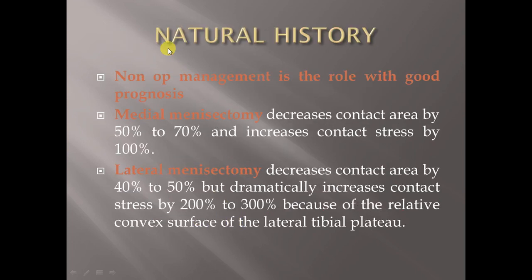Natural history: all meniscal injuries, especially if isolated, you have to give them non-operative management, a trial of conservative treatment, because most of them heal well. Lateral meniscectomy is much worse than medial meniscectomy. It increases the contact stresses two to three fold.